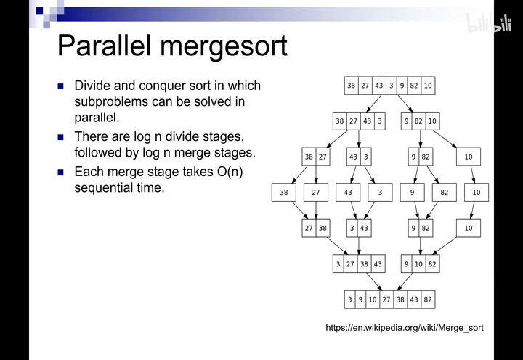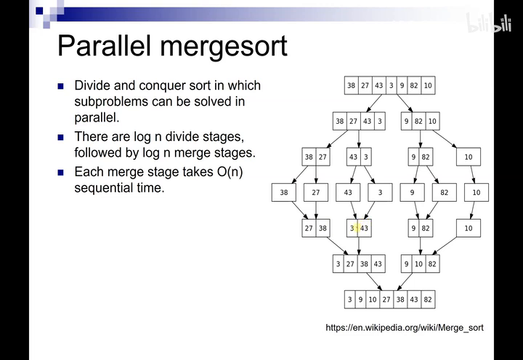Now, in a parallel setting, we still need to do these divide and merge stages. The divide stages are easy to do in parallel, because in fact you don't really need to do anything. You just take part of the array. But what is not so obvious how to do in parallel is suppose you want to merge 2 arrays, let's say this array and this array.